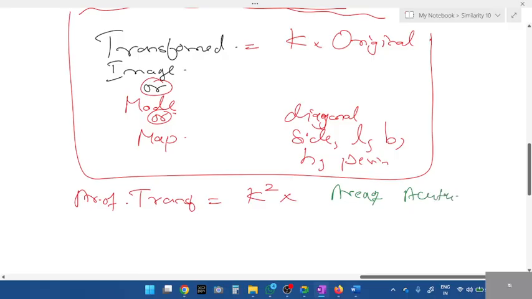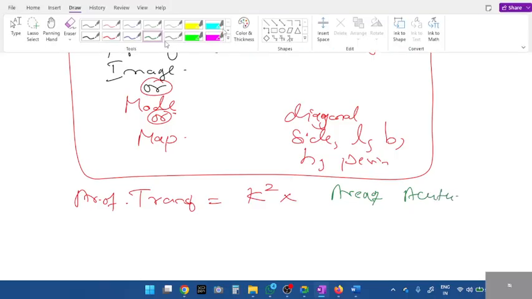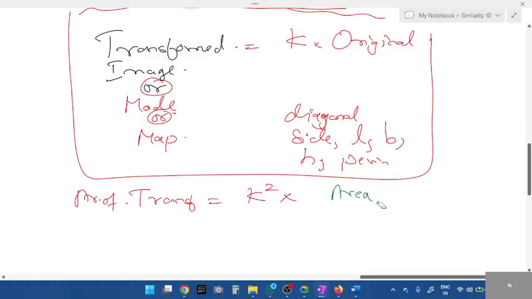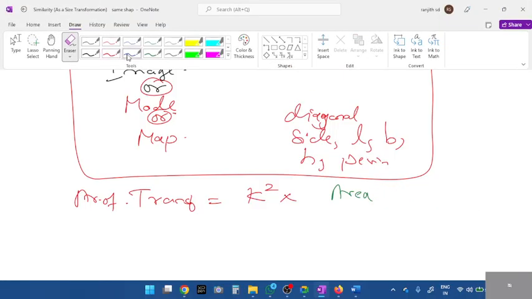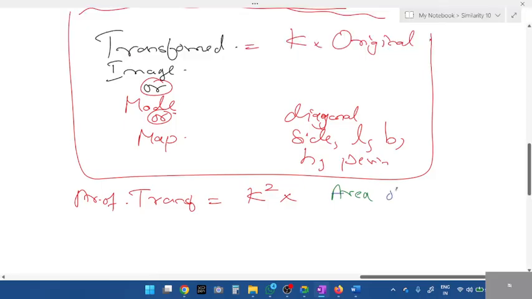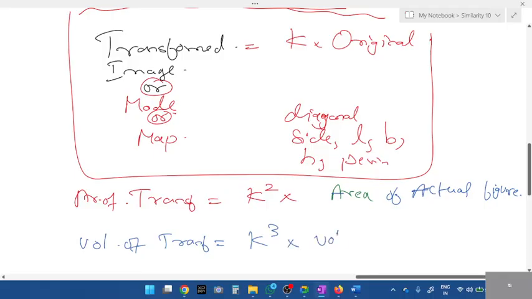This is what they've given in textbook. Next, when it comes to volume of transformed image, take k cube into volume of actual image, actual figure.